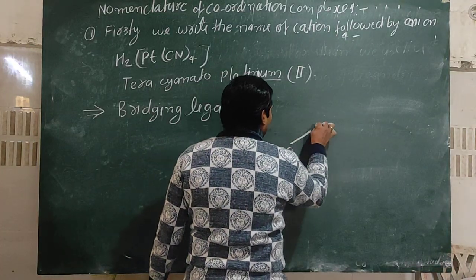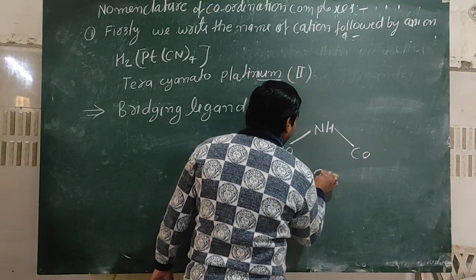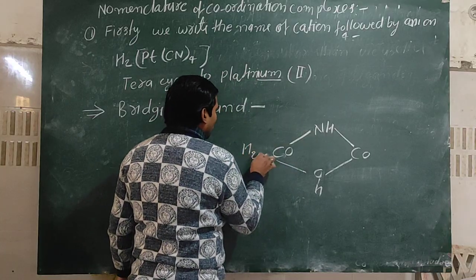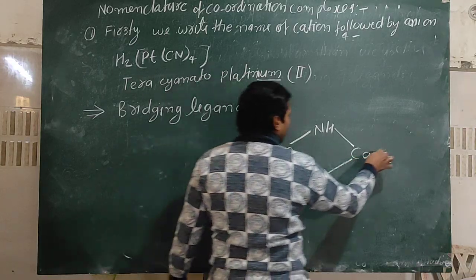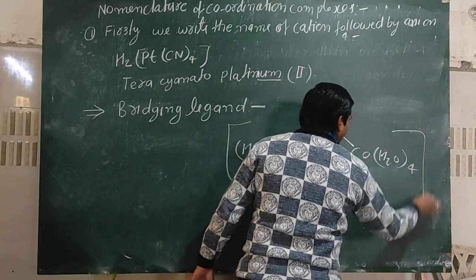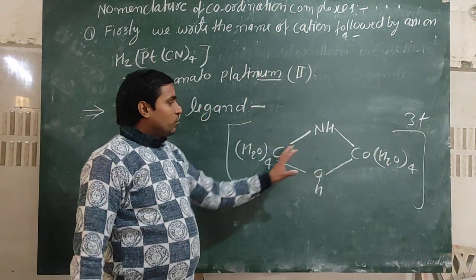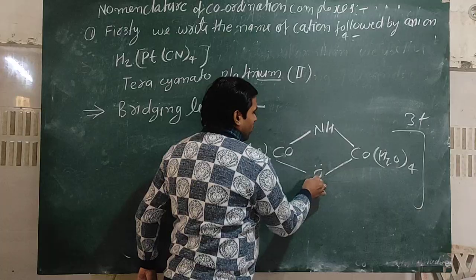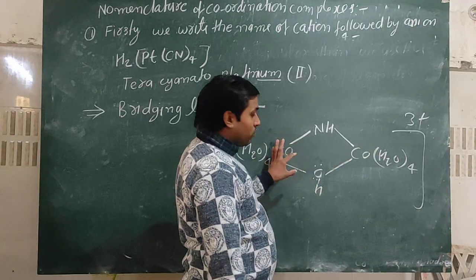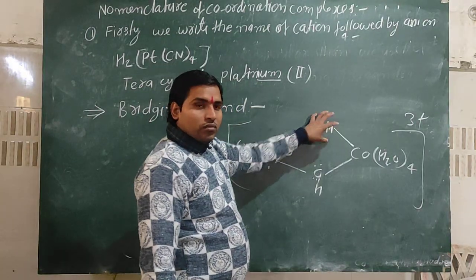For example, [(H2O)4Co(NH2)(OH)Co(H2O)4]3+. This type of example is an example of bridging ligands, in which the ligands are present in between two central metal atoms.